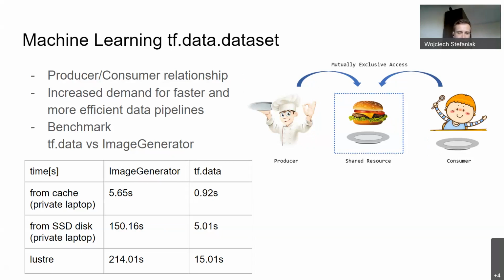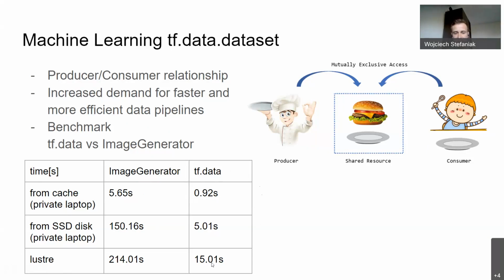As you see, I have done some quick tests on my private laptop and on Lustre, where I have stored a sample dataset. When we are using the image generator, it takes a lot more time than using tf.data. So by doing this benchmark, I would already say that tf.data is much faster.